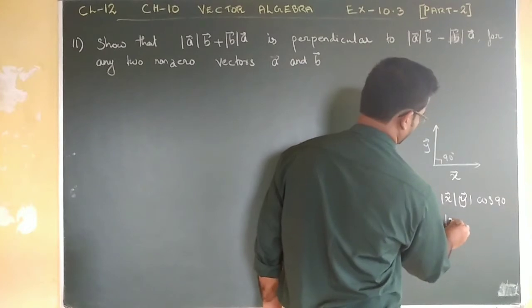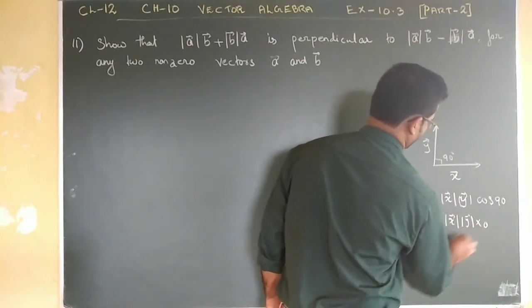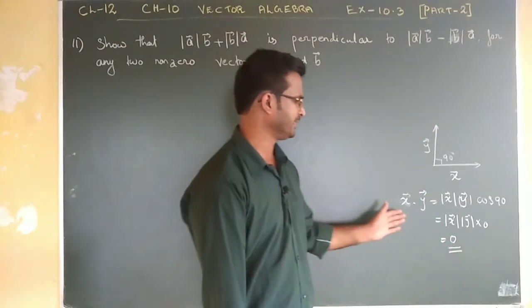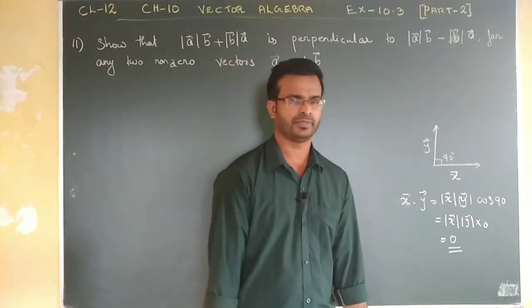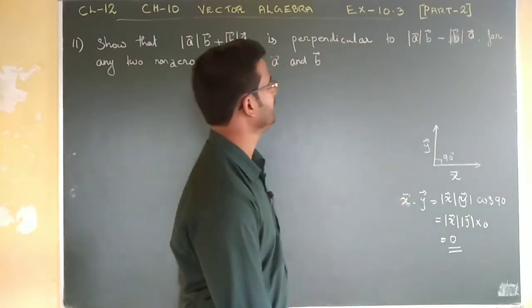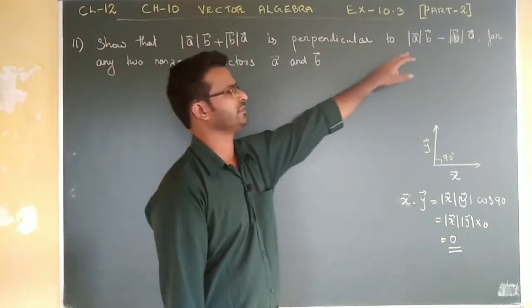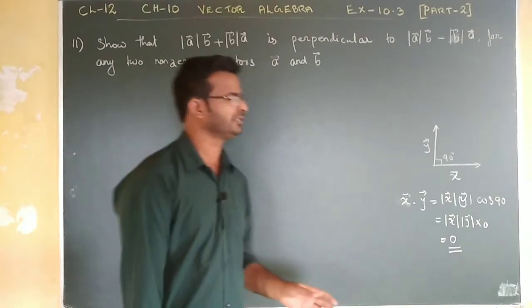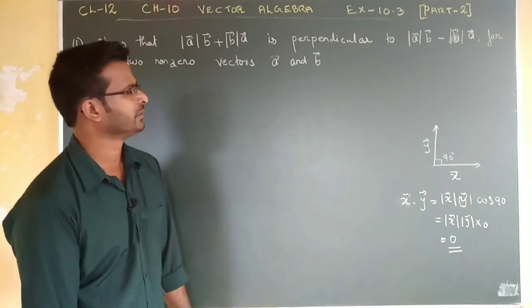Then modulus of x vector, modulus of y vector into 0, you will get 0. If you are getting 0 for the dot product, then we can say that both vectors are perpendicular. Here we will find the dot product of the first vector and second vector. If we are getting the answer 0, then we can say that both vectors are perpendicular.